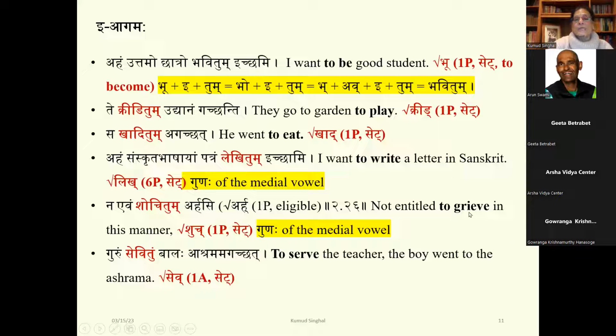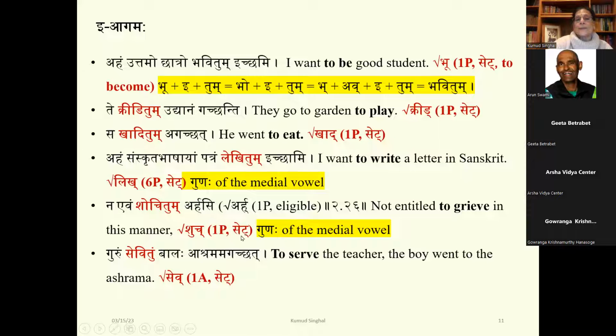Now this is an example from Gita, chapter 2, verse 26. Na evam shochitum arhasi. Arhasi, the verb is arh, is a 1p meaning eligible. The shochitum is the tumun pratyaya. So the root here is shuch.